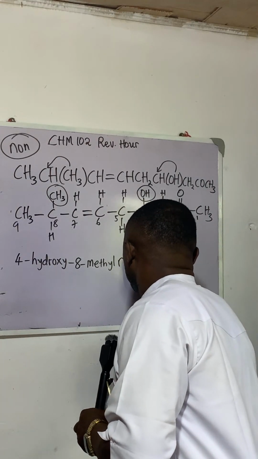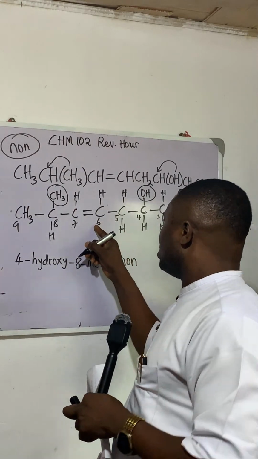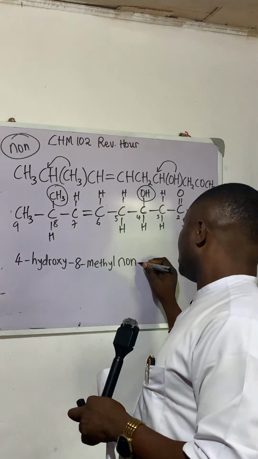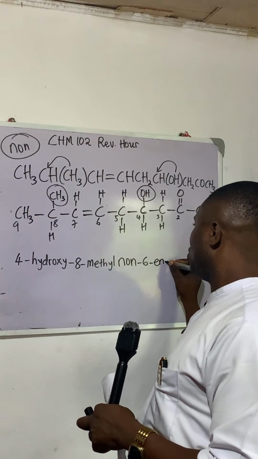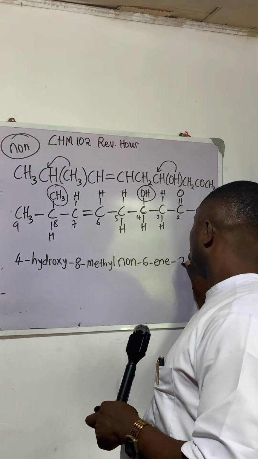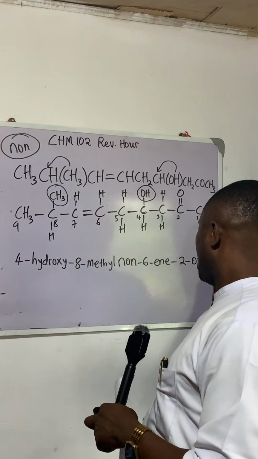Then you put non. At carbon atom number 6, we have a double bond, so non says 6-ene. It should have 6-en. Look at this. Then the final form, the priority functional group is 2-one.